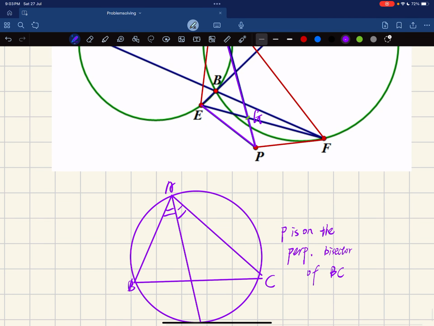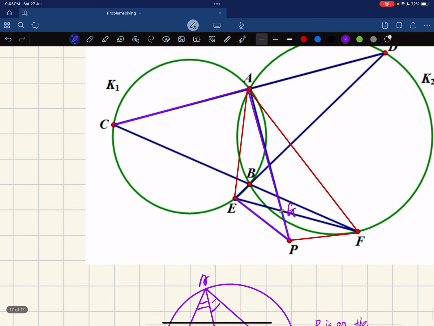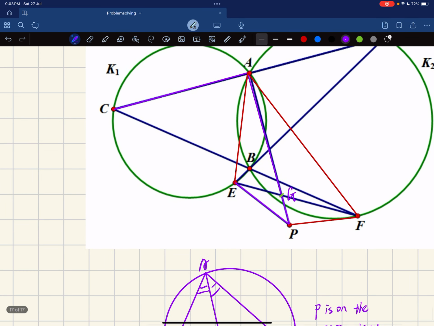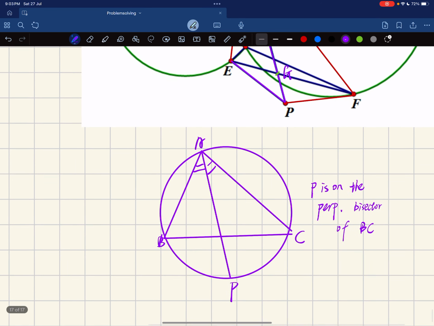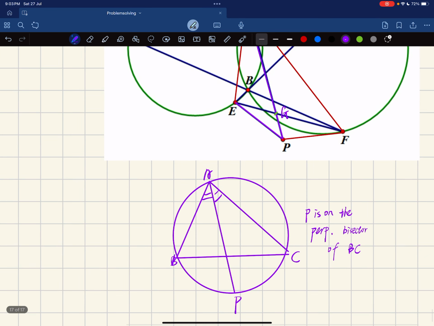That is like a theorem and its converse theorem.